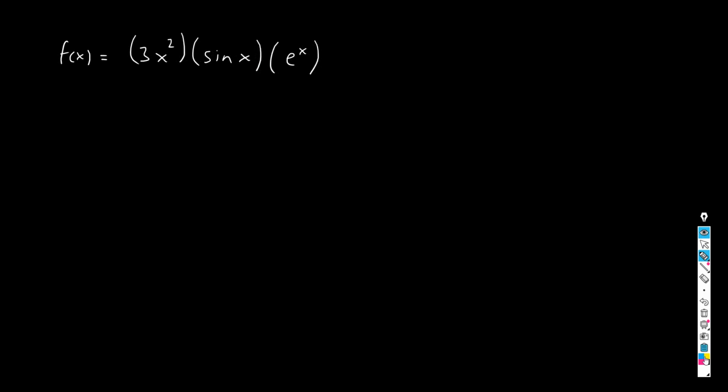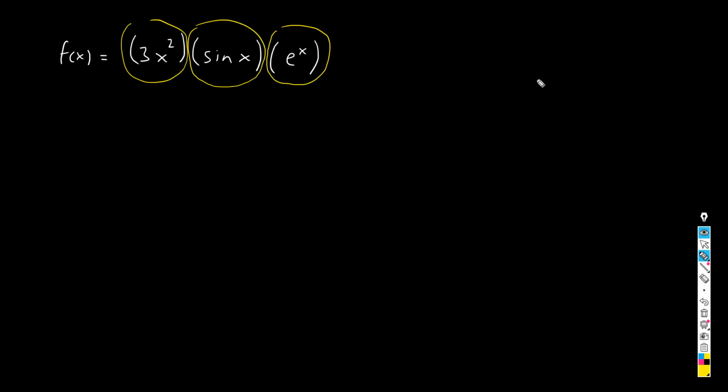So now, as you can see, f can be understood as the multiplication of three functions, one of which is this, the next is this, and the final function is this. So it's a triple multiplication.